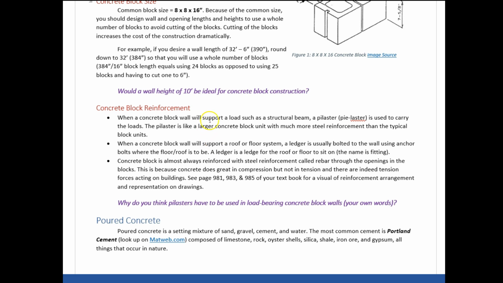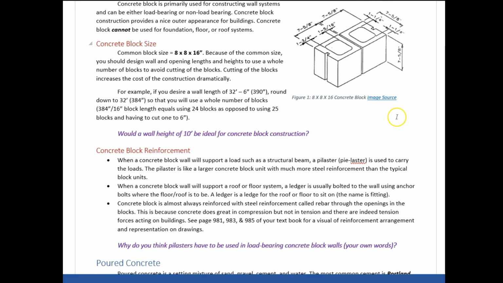So we reinforce our wall system with rebar. The rebar would go inside the openings of the concrete blocks, and oftentimes there's also an opening through the side so that you can put rebar through the side as well.